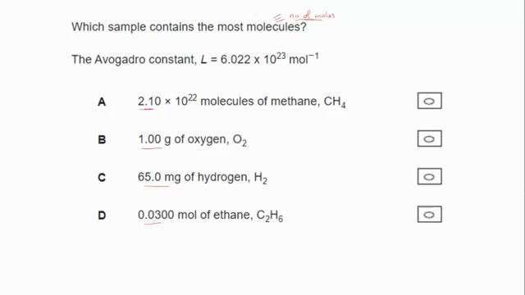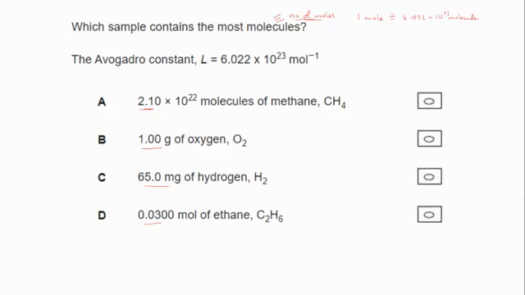So for A, I know that 1 mole of methane is going to have 6.022 times 10 to 23 molecules.